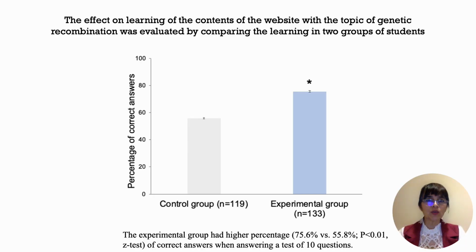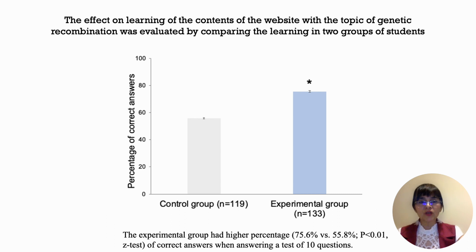To evaluate the educational text, we gave 135 students a DNA recombination text, and after reading, we gave a quiz of 10 questions. On the contrary, to 119 students, we only gave the quiz.